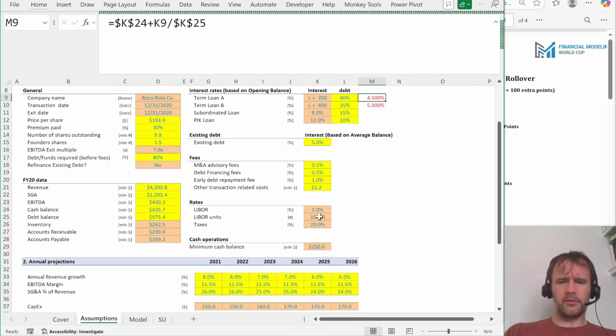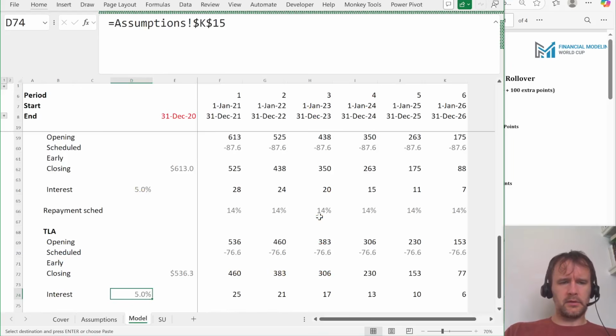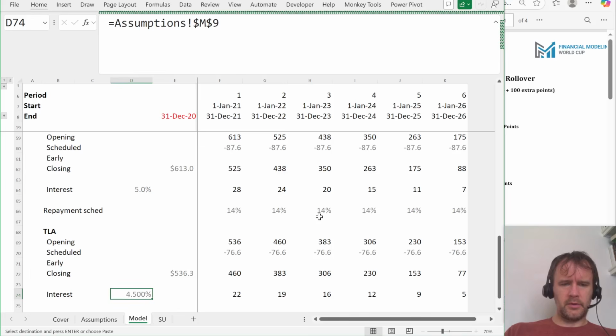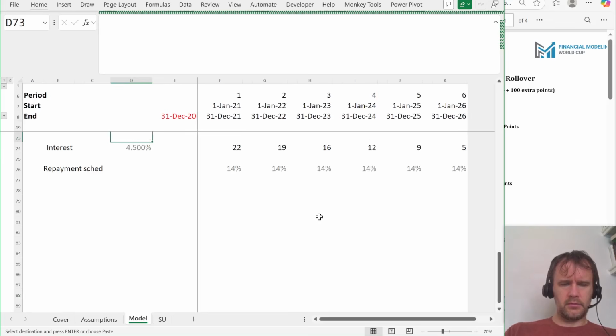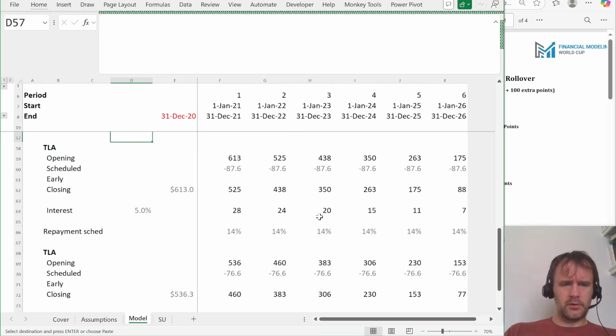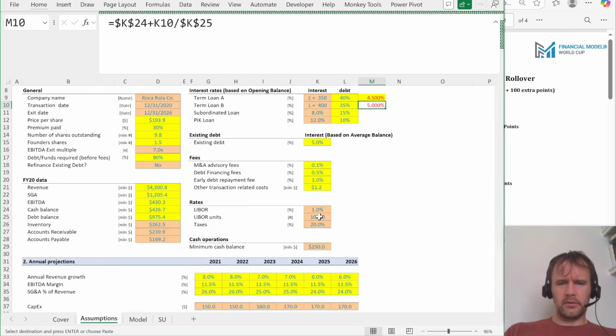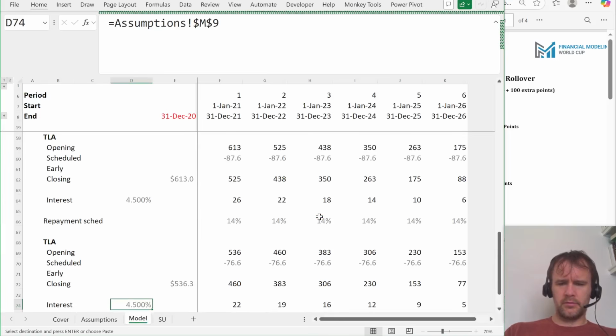I don't know what that formatting is about, but fine. So then this goes into term loan A, and this goes into term loan B. Oh, sorry, they're both still labeled term loan A, but never mind. This one is in fact term loan B, and the label should be updated.